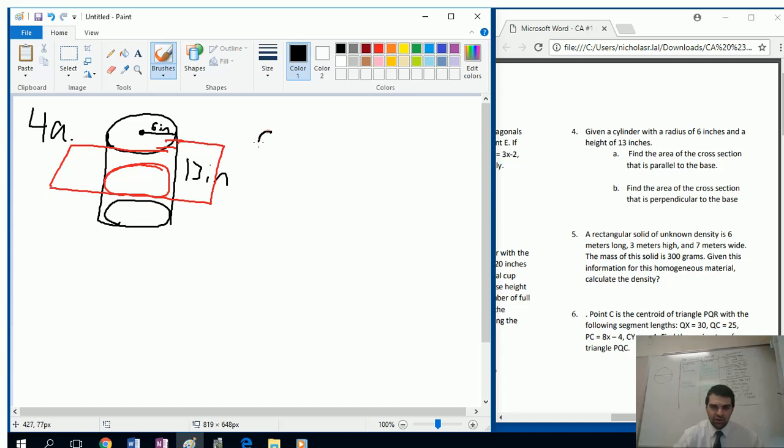The shape is a circle. That's going to be equivalent to the base of the cylinder. So the area of a circle is going to be equal to pi r squared.